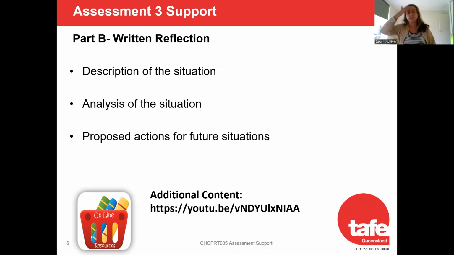What could we do differently? What can I do differently? What could be done differently? What different kind of resources would support in these situations? Just things like that.